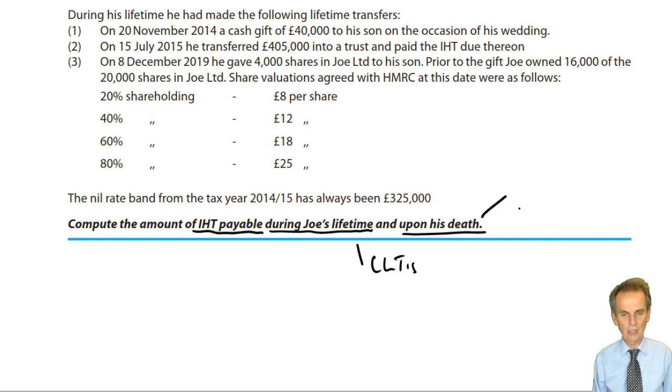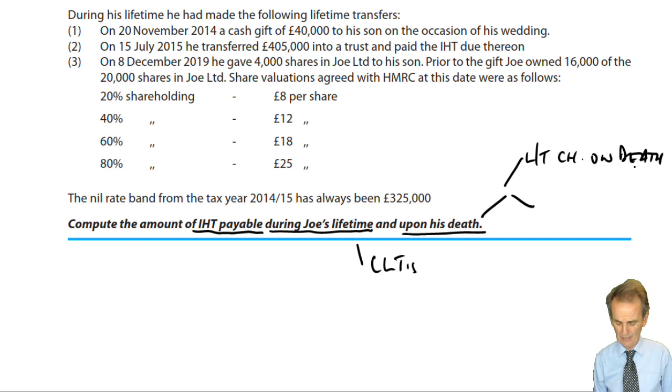And upon his death. That of course means we're looking at 2 computations there. The lifetime transfers, now chargeable on death. That will be any lifetime transfers falling, of course, within the 7 years of the date of death, and then our chargeable estate.